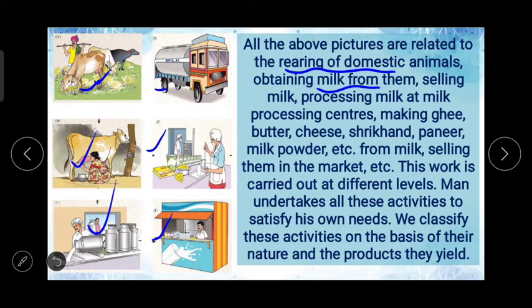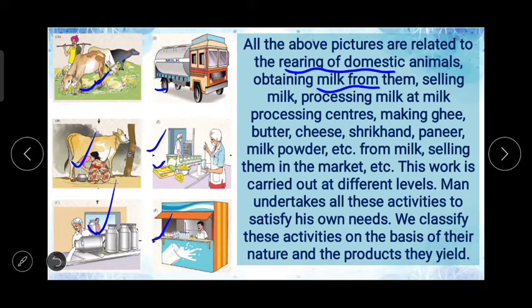What is happening in the second picture? Milk. Then selling milk in C. Then processing milk at milk processing centers to make milk products, like making ghee, butter, cheese, srikhand, paneer, milk powder, etc.